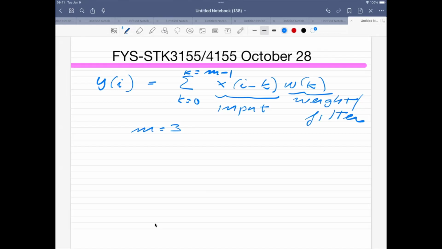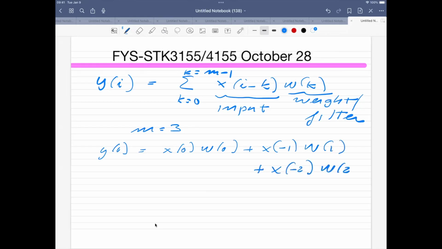So when we then set up the different operations here and looked at y of 0, this is now given by x of 0 times w of 0, but then you see that I'm running into some problems. I have an x of minus 1 times w1 plus an x of minus 2 times w2.